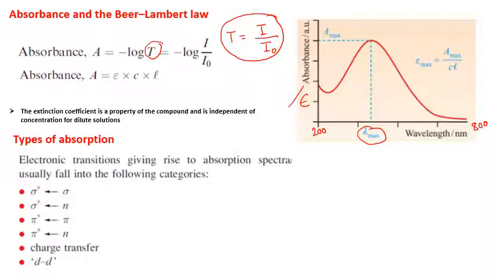Another part is that absorption A is equal to epsilon into C into L, where epsilon is the molar extinction coefficient or molar absorption coefficient, C is the concentration, and L is the path length of the cuvette that the radiation passes through in the solution. Typically L is normally 1 centimeter.